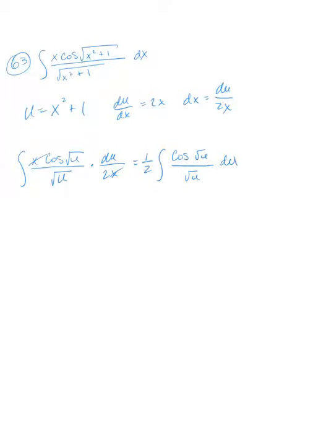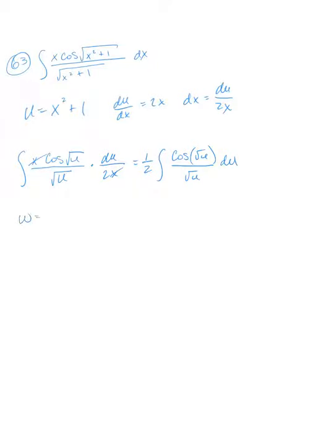Okay, I think I might need to do another substitution here because I still have a composition. I still have the cosine of the square root of u. So the inside of the cosine function is square root u. So I'm going to do another substitution.